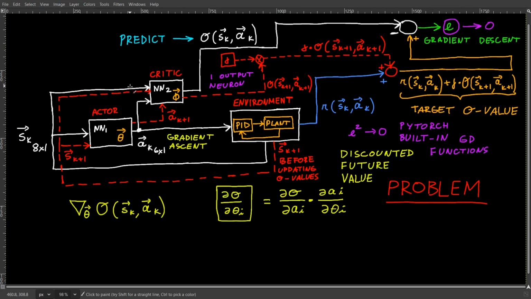In the last video, we left off with this blueprint, which was designed to train both the critic and the actor neural networks. But before I ended that video, I mentioned that there is a problem with this logic.